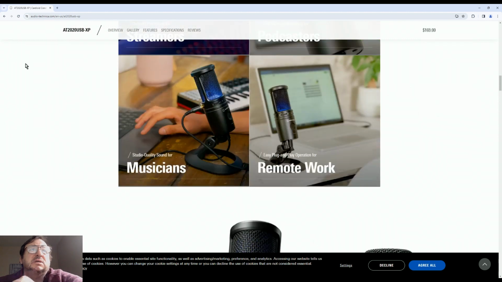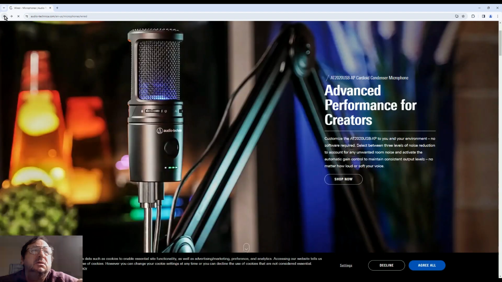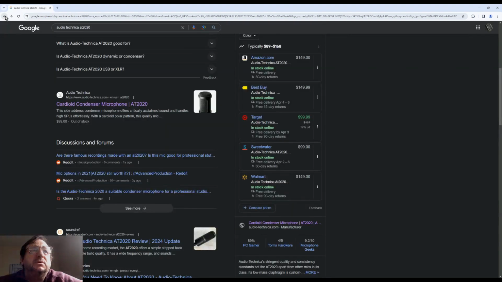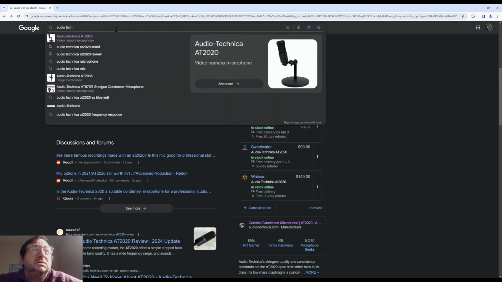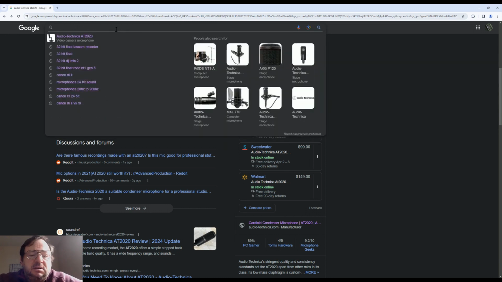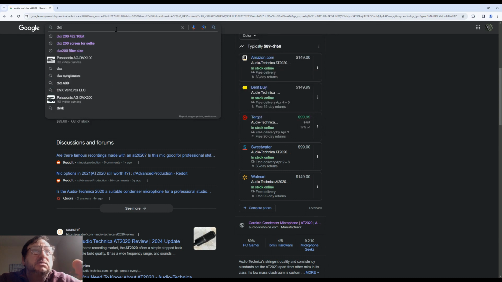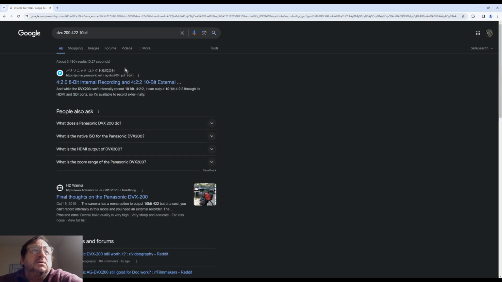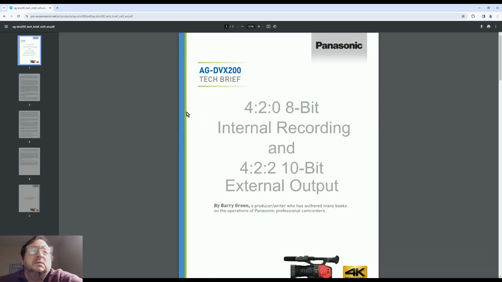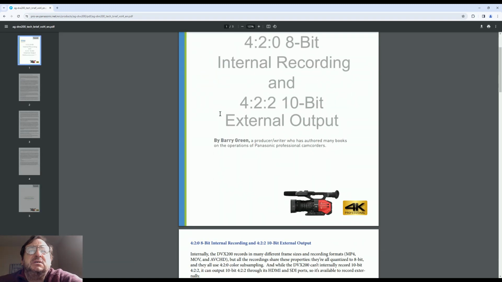Well, you've seen 16-bit. So for 16-bit, suppose there is a camera, quite a good one actually. It's called the Panasonic DVX200. This camera has a lens, everything, but the sensor is not 1 inch.